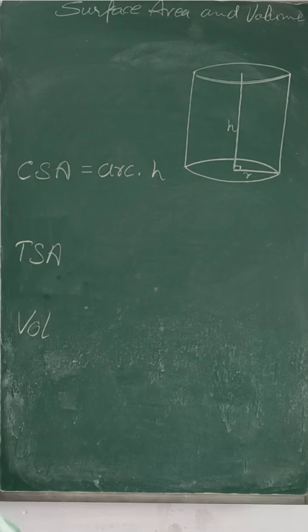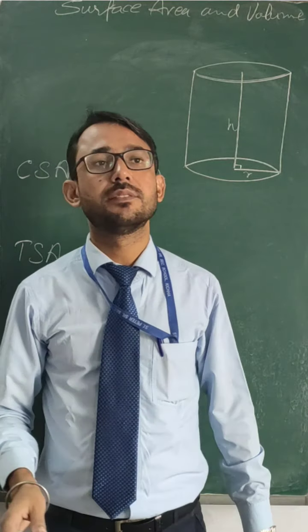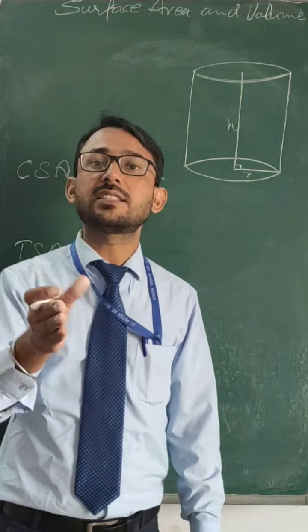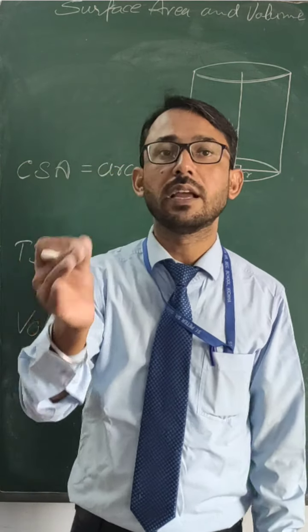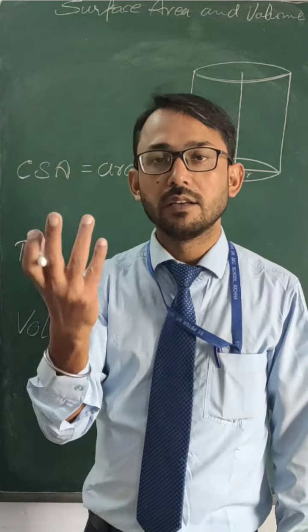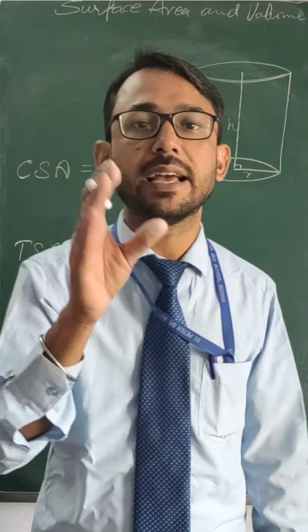Right now we are talking about the cylinder. One more thing which I forgot to tell you: it is a regular figure. We used to say it is a right circular cylinder. When do we say a three-dimensional figure is right circular? When radius and height are perpendicular to each other, then that shape is said to be right circular.